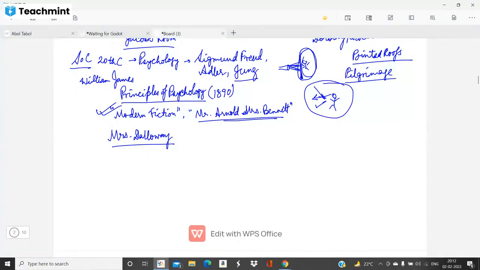And this novel is based on the experience of one day, of a single day. So, this novel actually portrays what goes on in a mind, on a single simple mind, on a single simple day.